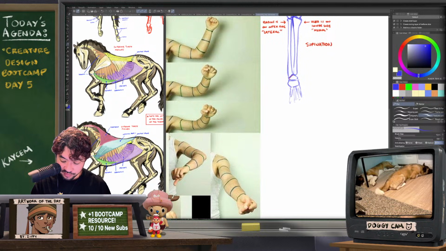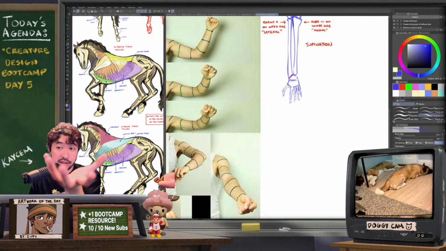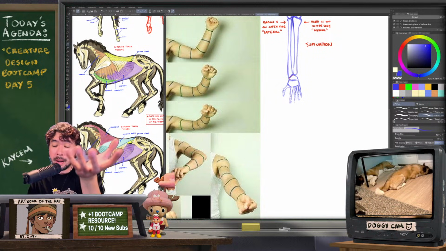Might as well draw them. You'll have all of these, and this is kind of an easy way to think about it, right? You're holding a bowl of soup, and that is called supination, right? And to be able to hold that bowl of soup and make sure nothing spills, you're holding it palm up.